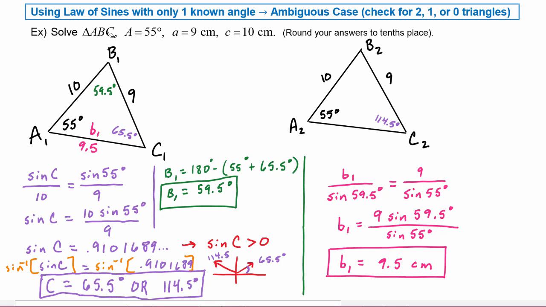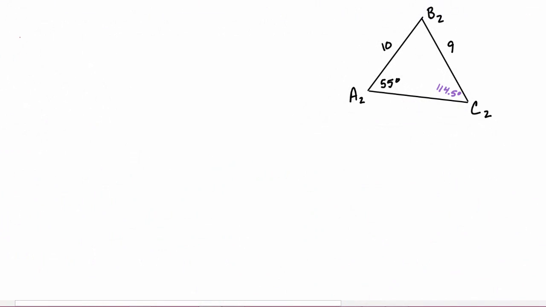Now it's time to turn our attention to the second triangle. And to find angle B, we'll use the triangle sum theorem. So B2 is going to equal 180 degrees minus the sum of the other two angles, which is 55 degrees plus 114.5 degrees.